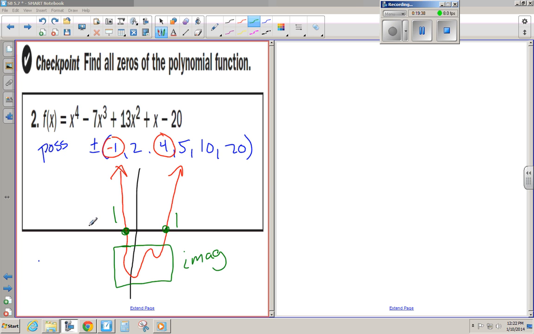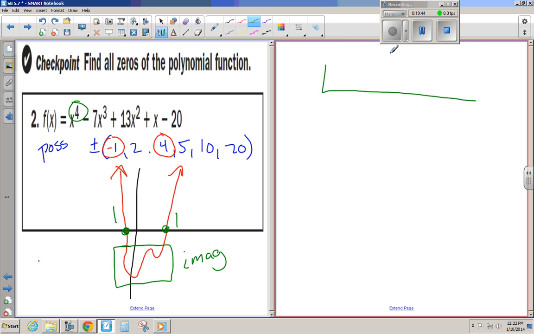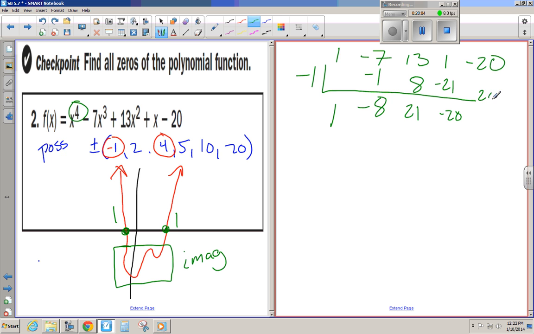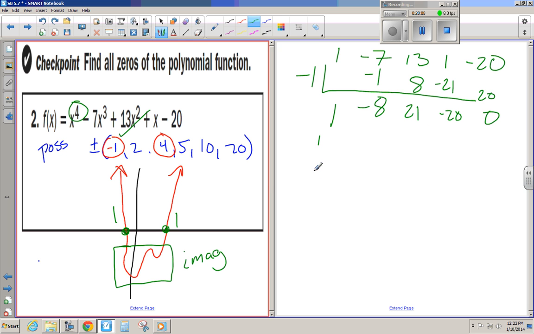So that means you're going to have 2 reals, 2 imaginaries to equal your 4 total zeros. So setting up synthetic division, putting our zeros in there that we know will most likely work. So -1 works.